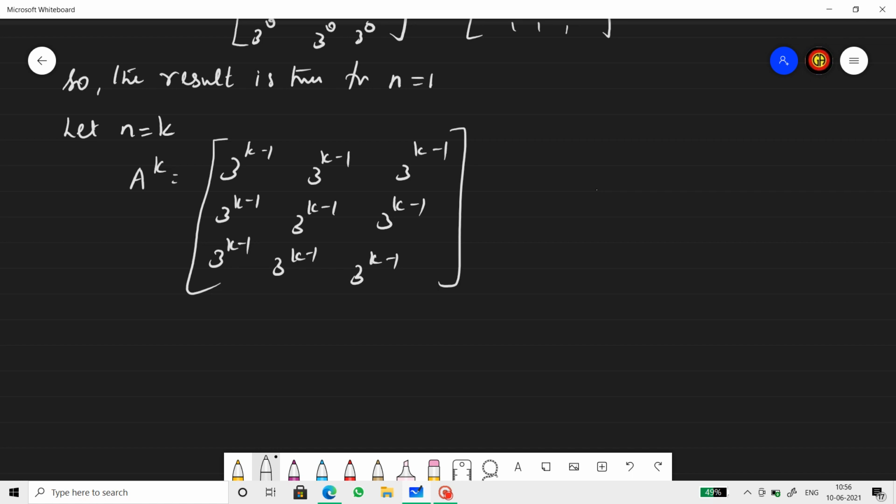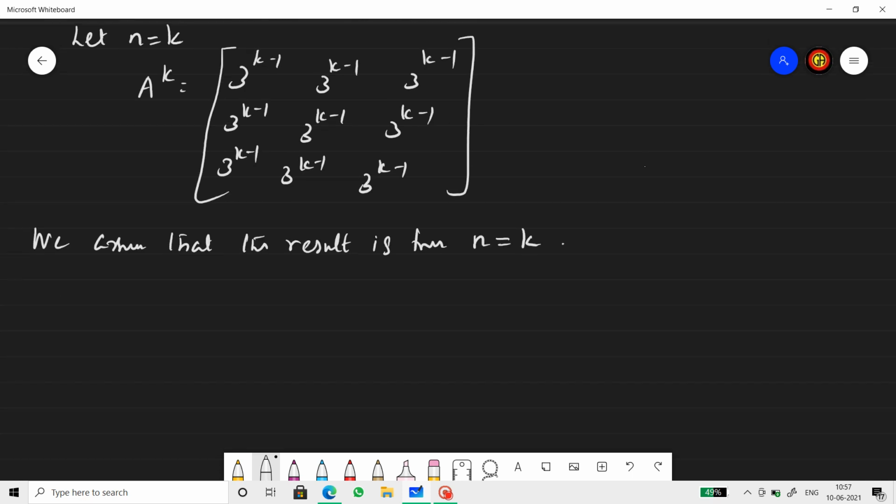So we assume that the result is true for n equals k. Now, since we assume n equals k true, the liability of proving k plus 1 also lies with us, isn't it? So let's consider n as k plus 1 now.